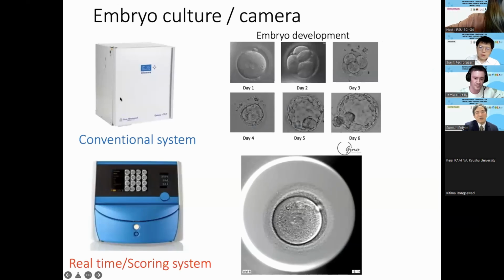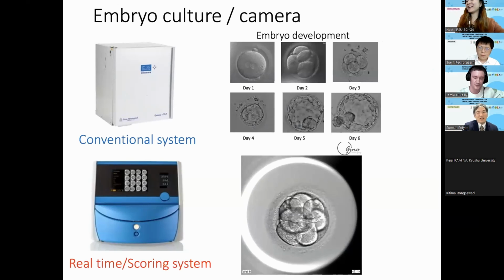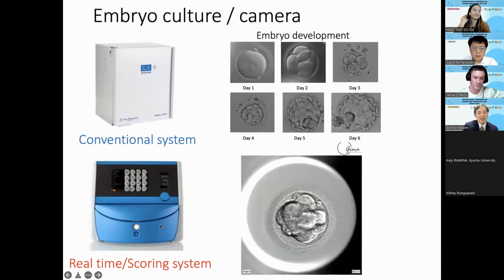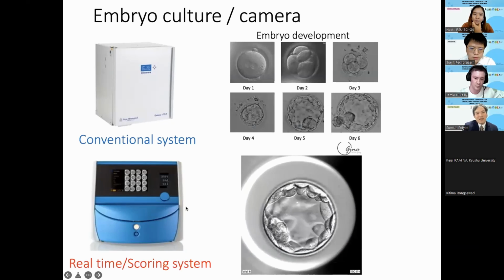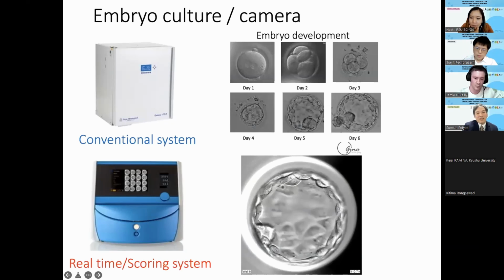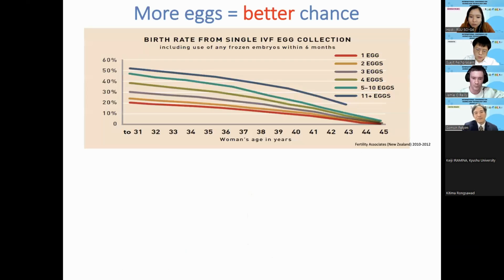In the past, we had to use a conventional system where we took the embryo out and looked under the microscope to evaluate the grading of the embryos. But now we have a real-time scoring system, where we can see the embryos inside the computer, and it gives us a score to select the good embryos.